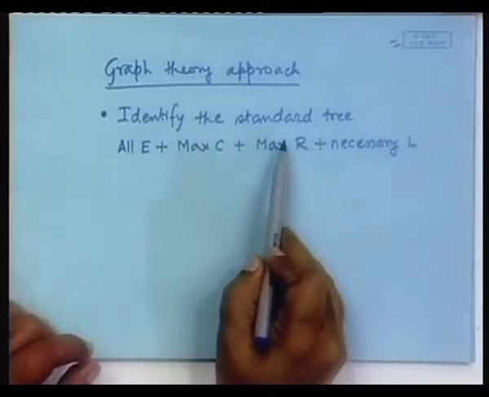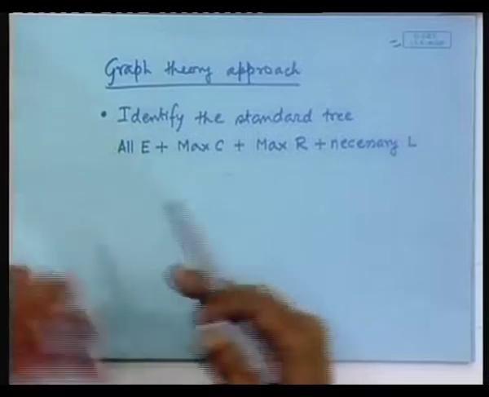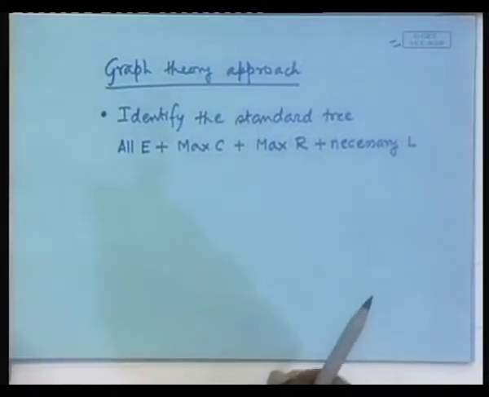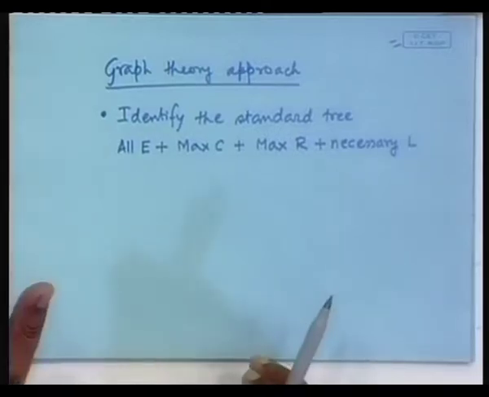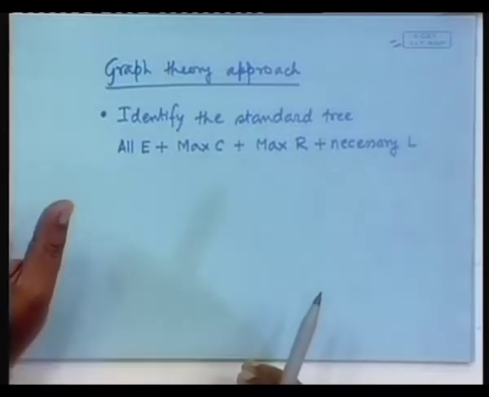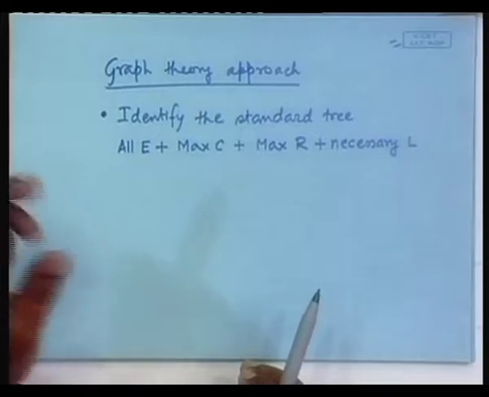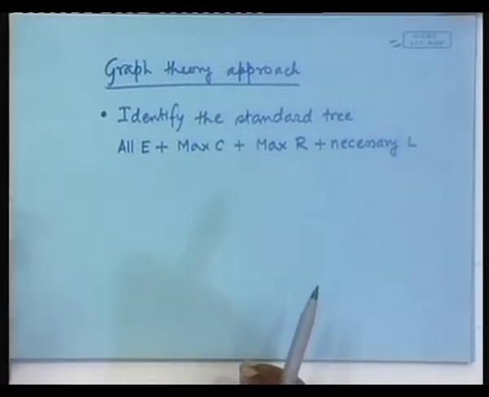Once we have identified the standard tree, then there will be a co-tree, and immediately we can identify the state variables as the voltages across the tree capacitances and the currents through the co-tree inductances.